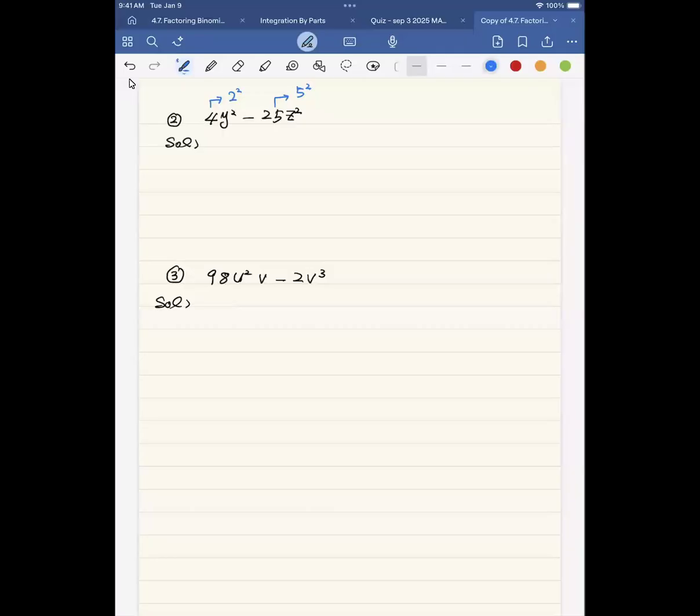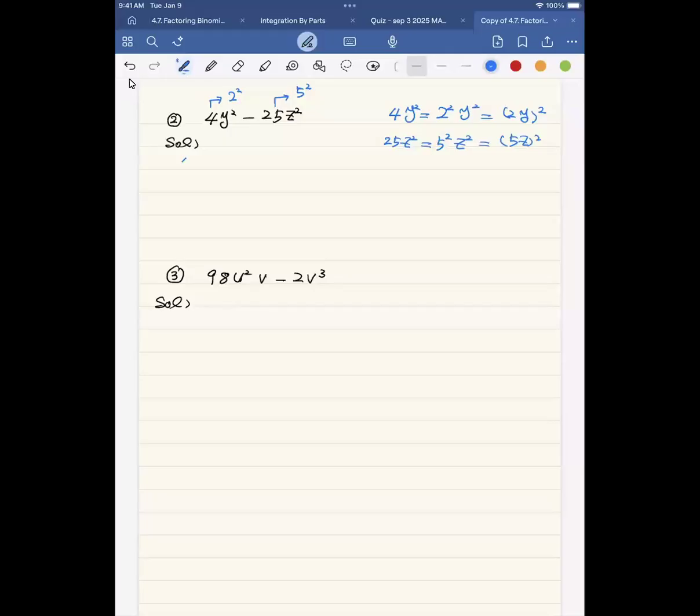So we can rewrite 4y squared as 2 squared y squared, which can be rewritten as 2y squared. And 25z squared can be rewritten as 5 squared z squared, which can be rewritten as 5z squared.